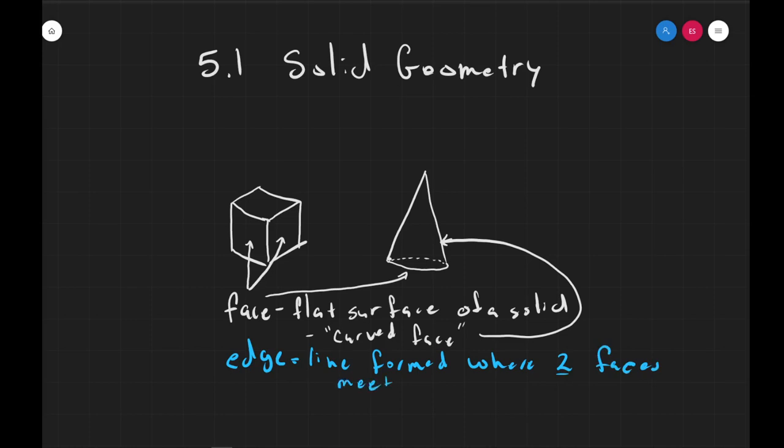Okay, line formed where two faces meet. So as far as edges go, that would be an edge. This would be an edge. This would be an edge. And then around the bottom here, this would be an edge. Okay.